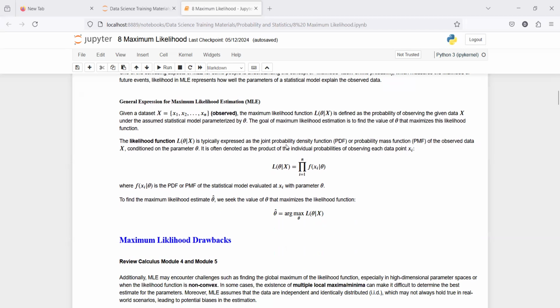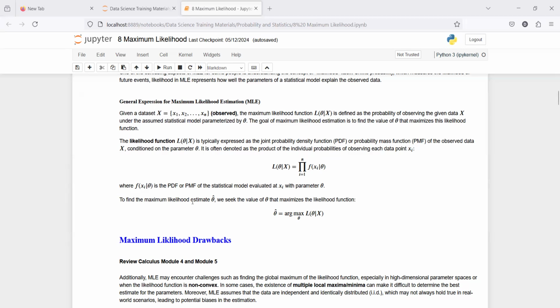It's often denoted as the product of individual probabilities of observing each data point xi. This is a multiplication symbol, so we're multiplying f of xi given theta, which is going to be either a probability density function or probability mass function. It's not going to be a CDF, so the PDF is important here.